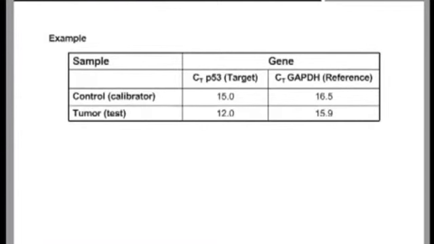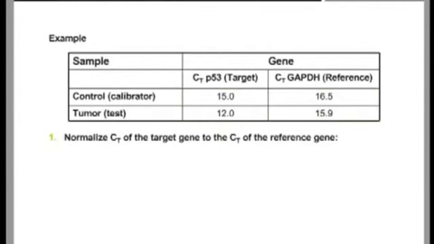In this example of the Livak method, we examine the CT values for the target gene, P53, and for the reference gene, GAPDH. We examine the expression levels of these genes in a control sample, which is the calibrator, and in a tumor sample, which is the test sample. The CT values for each gene and for each sample are entered into the table.